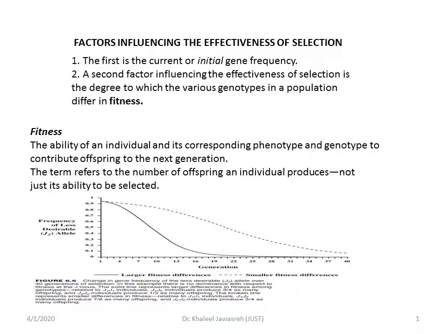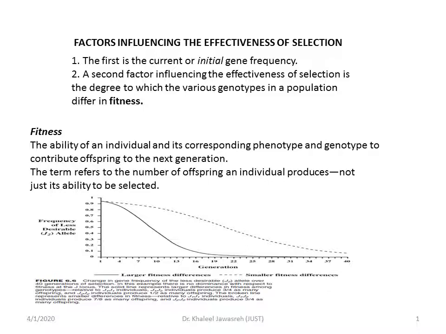So we give those individuals the ability to be parents of the next generation, and the opportunity to distribute their genes and their phenotypic contribution to the offspring of the next generation.